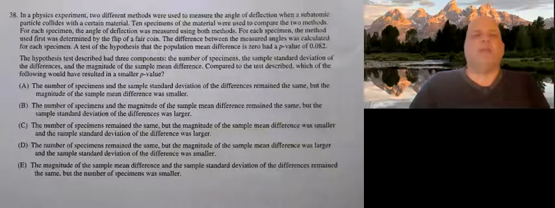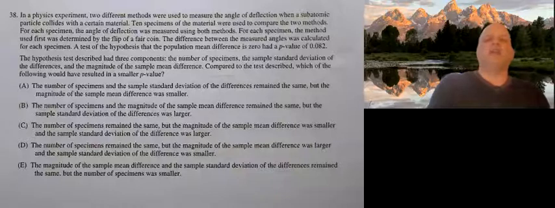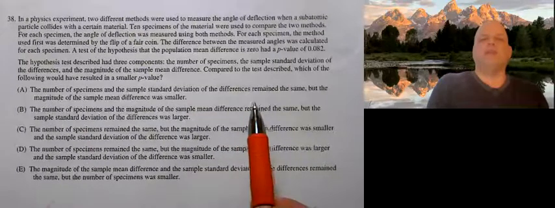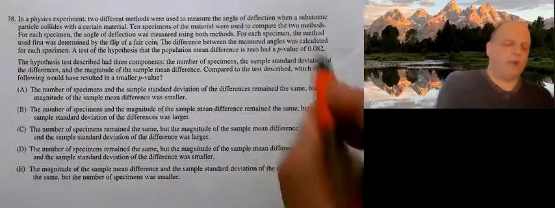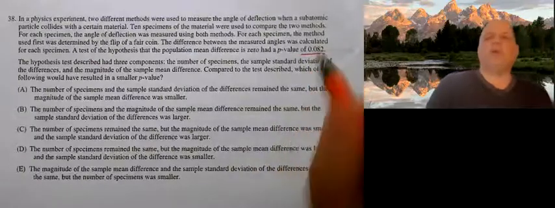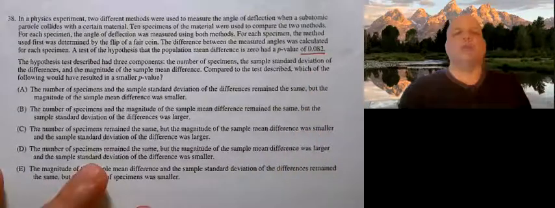For each specimen, the method used first was determined by the flip of a fair coin. The difference between the measured angles were calculated for each specimen. A test of the hypothesis that the population mean difference is zero had a p-value of 0.082.